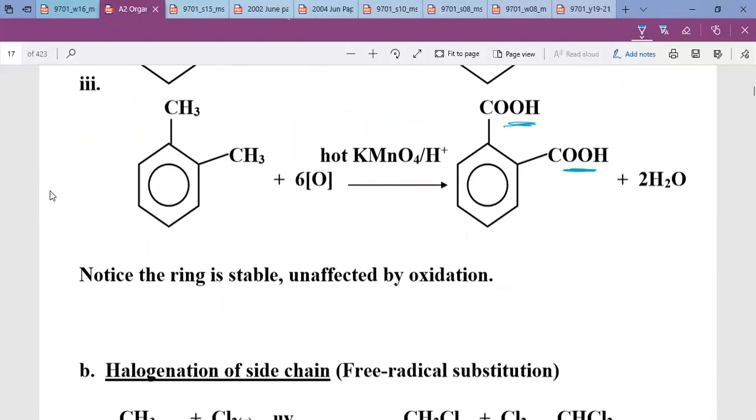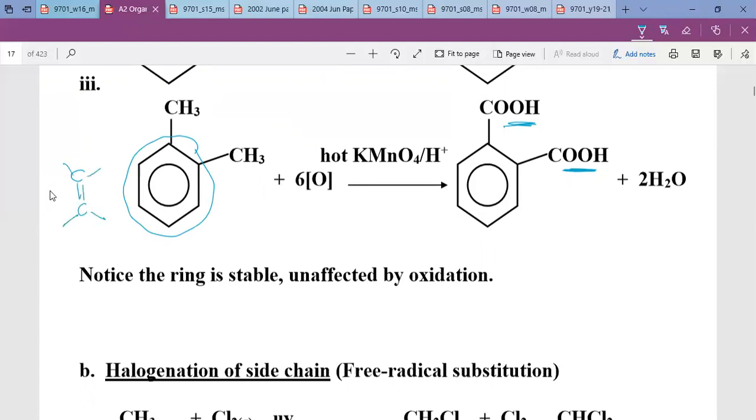The ring will not undergo any oxidation. Because why? The pi electrons here are delocalized, stabilized. Remember that? The resonance structure, or the resonance energy. Okay? So they will not, unlike a normal double bond.